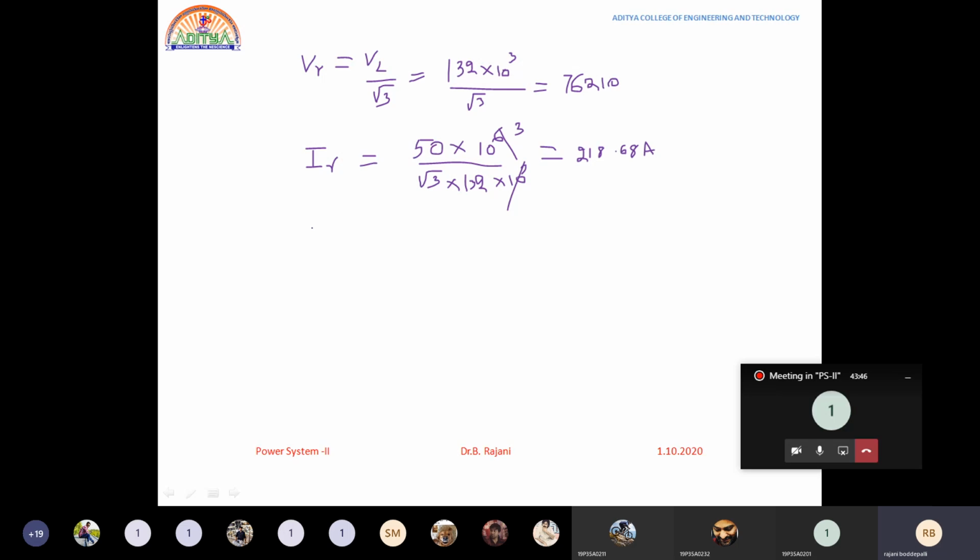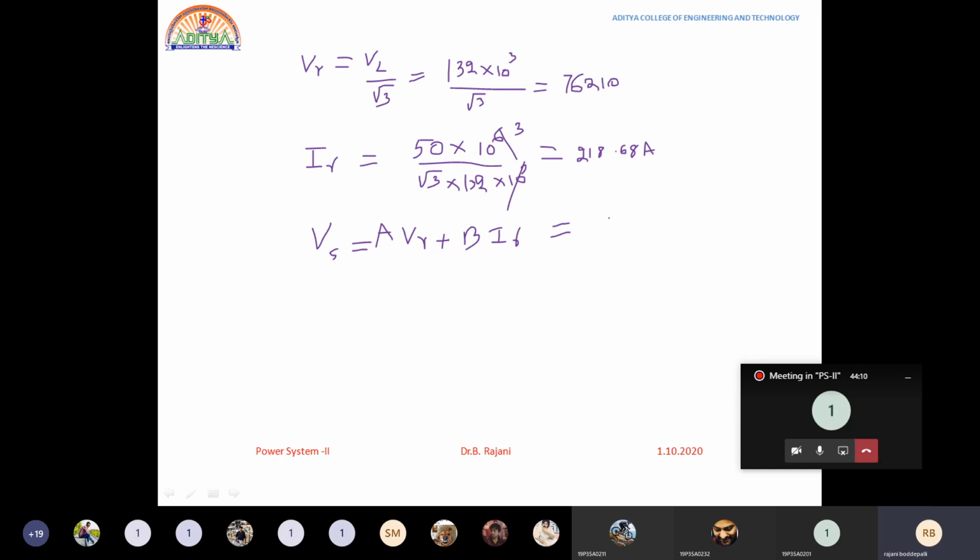Now let us calculate for Vs. See here in Vs calculations, we know the value of A, we know the A into VR value, we know V into IR. V value we know and IR value we know. Let us substitute all these values over here.